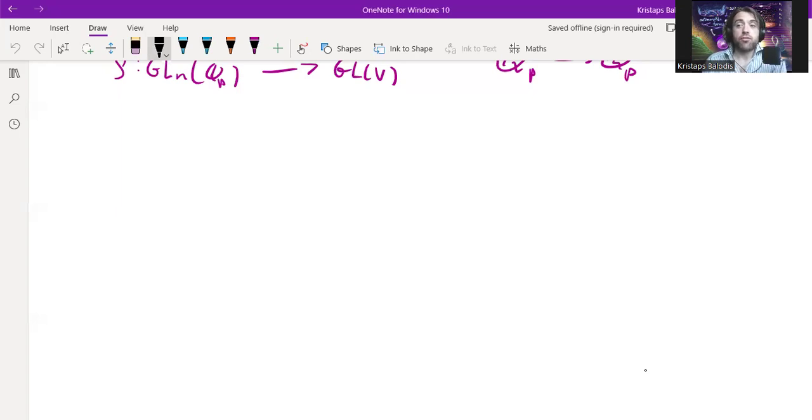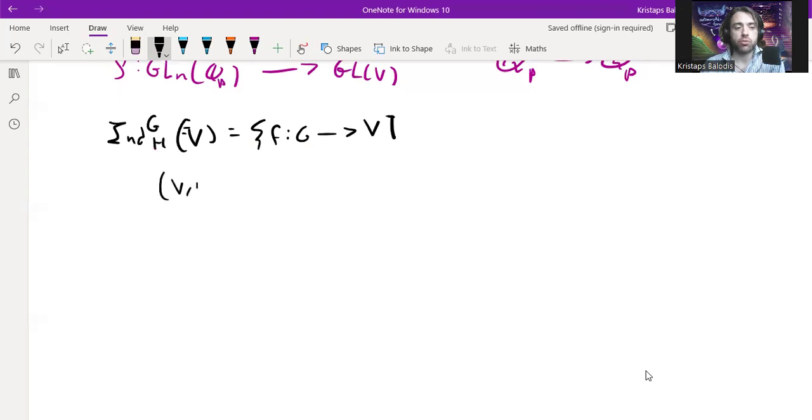So before we touch that, we need to modify our definition of induction slightly. I talked about induction from a subgroup of some representation, and it's this space of functions where, like before, if the representation we're inducing is V pi, we have this factorization property.